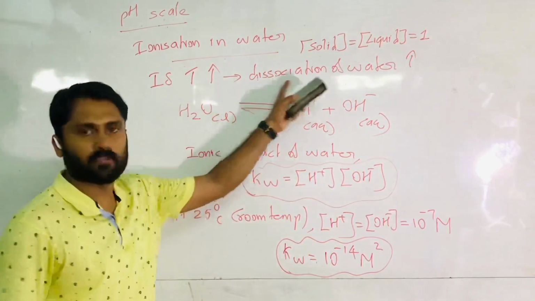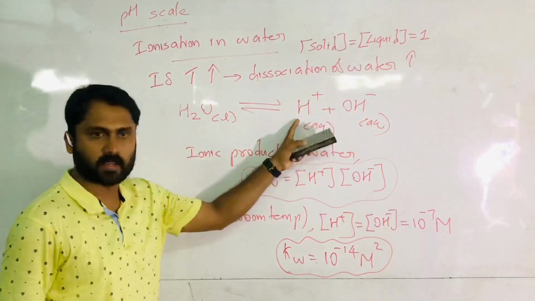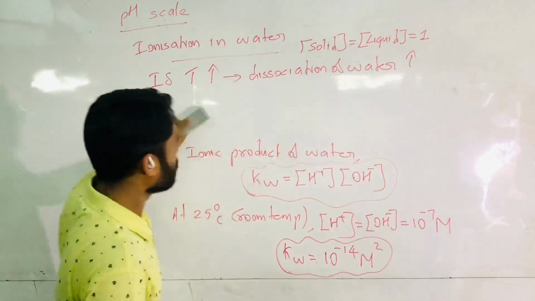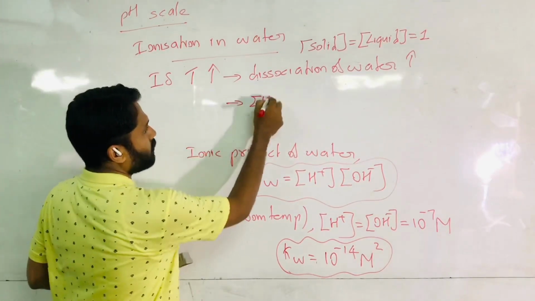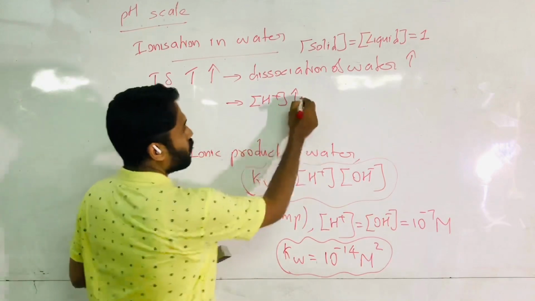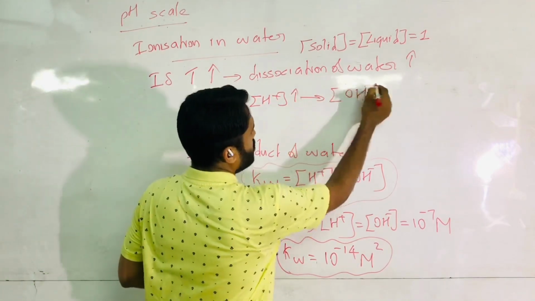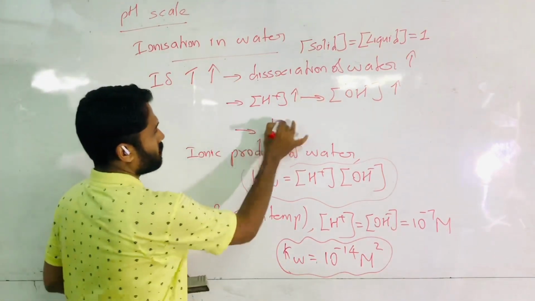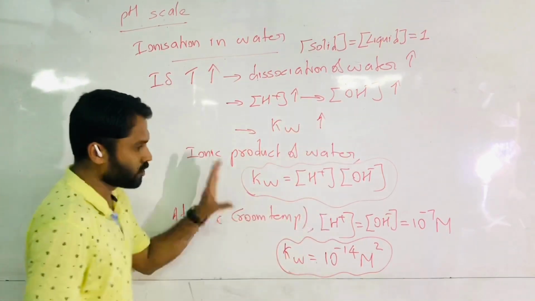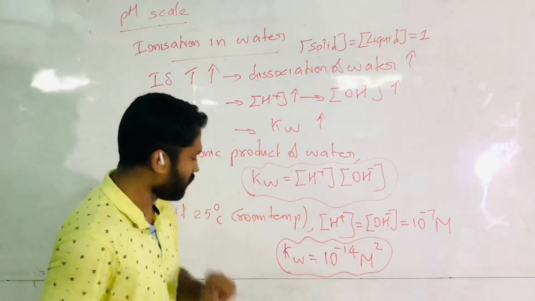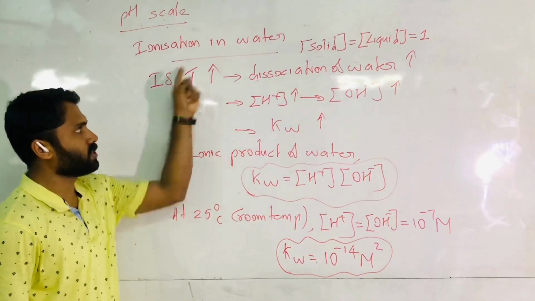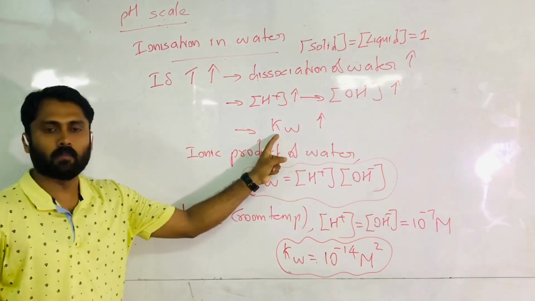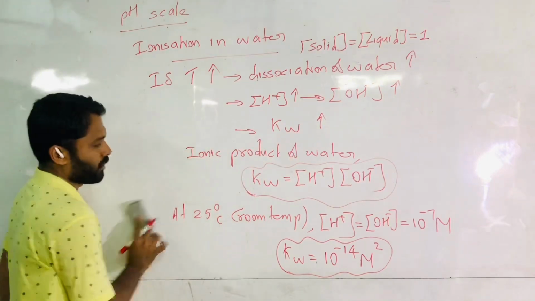If dissociation of water increases, concentration of H plus increases, concentration of OH minus increases. Then Kw also increases. So these values are applicable only at 25 degrees Celsius. If we change the temperature, H plus changes, OH minus changes, so Kw also changes.